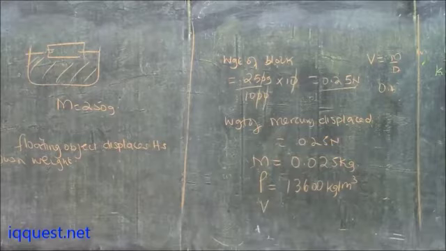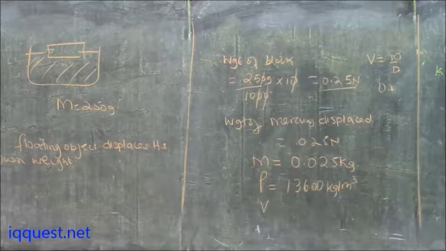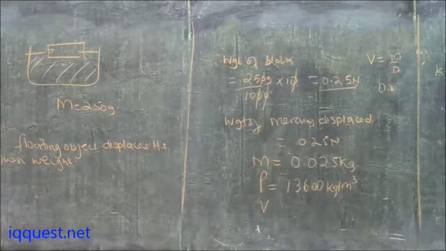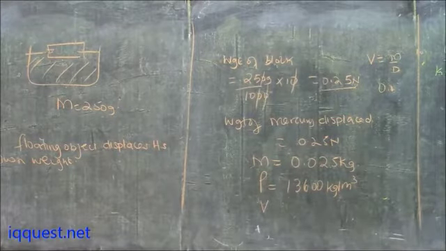If you want to give it in centimeter cubic, we multiply by 1 million, so it is 1.84 centimeter cubic, or 1.84 times 10 to the power negative 6 meter cubic. So that's the volume of the glass block that is below the mercury level.